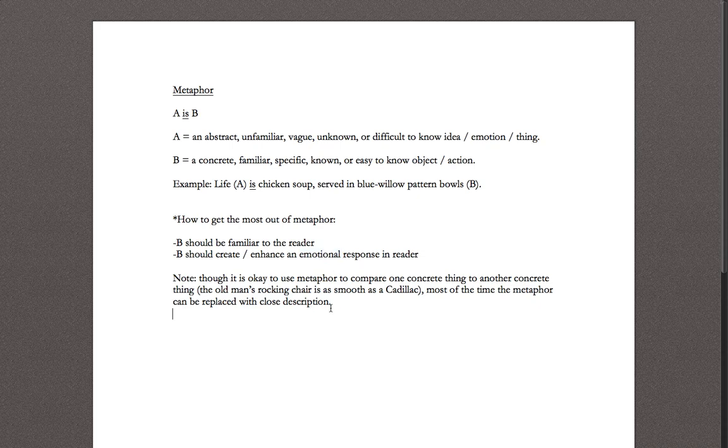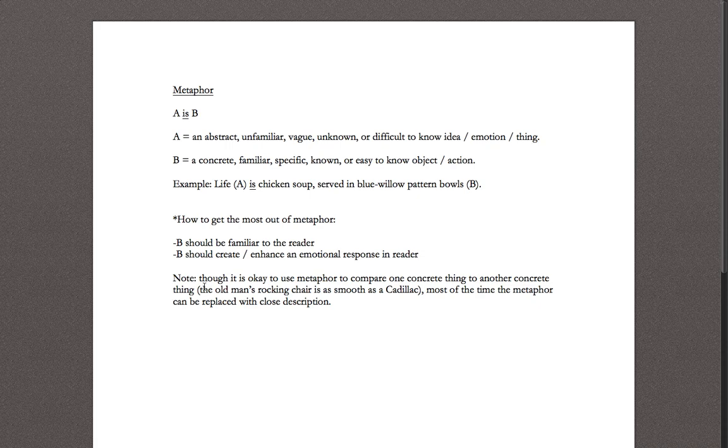Last thing I'll say is, though it's okay to use metaphor to compare one concrete thing to another concrete thing, such as the old man's rocking chair is as smooth as a Cadillac, most of the time the metaphor can be replaced with close description.